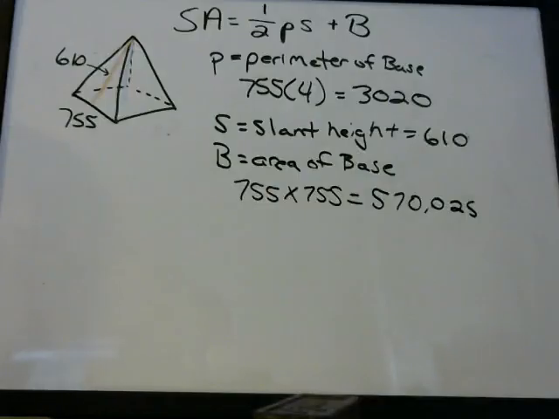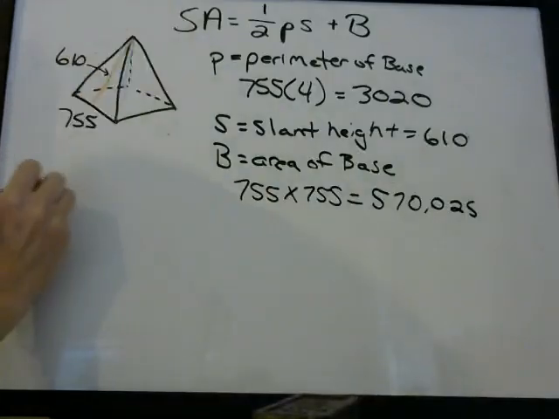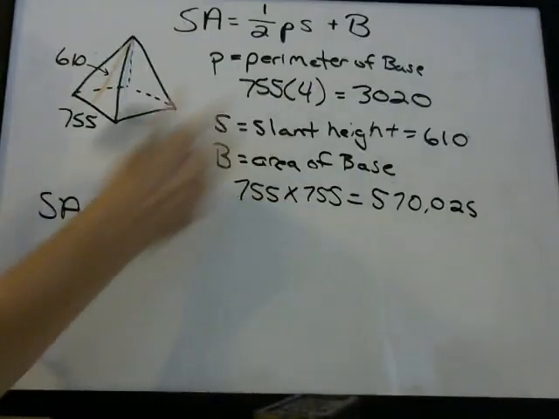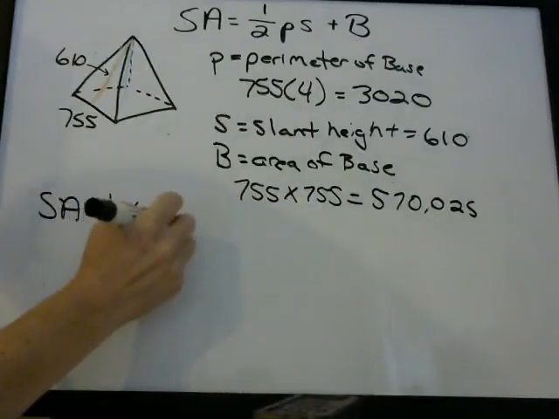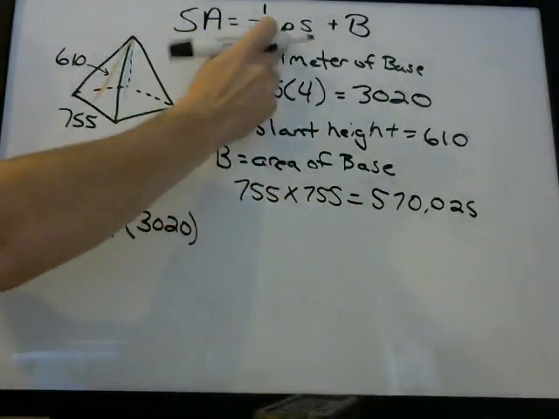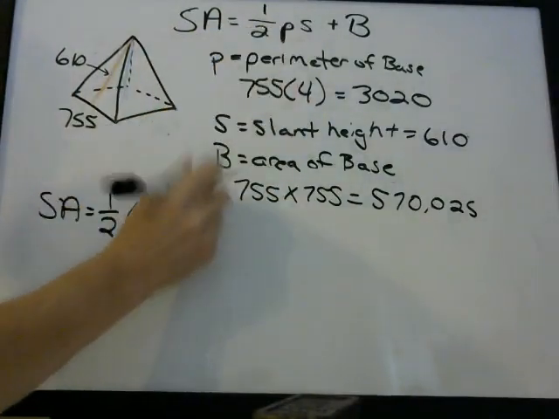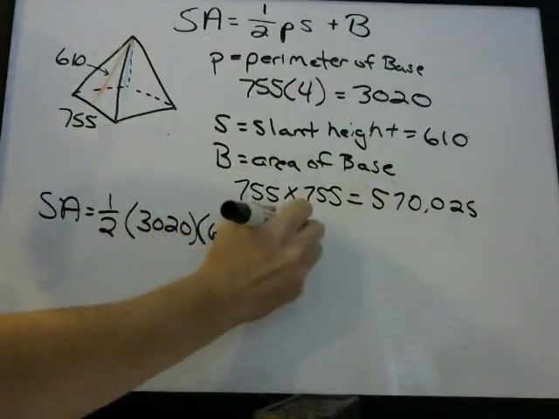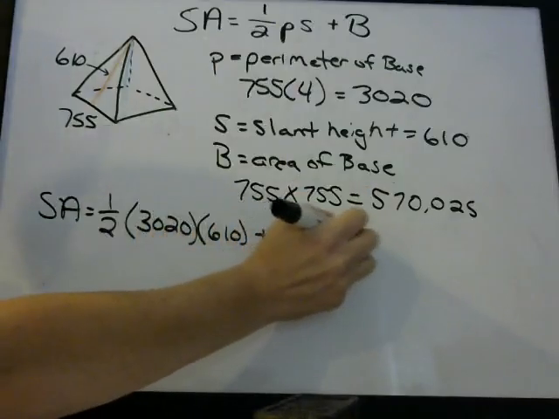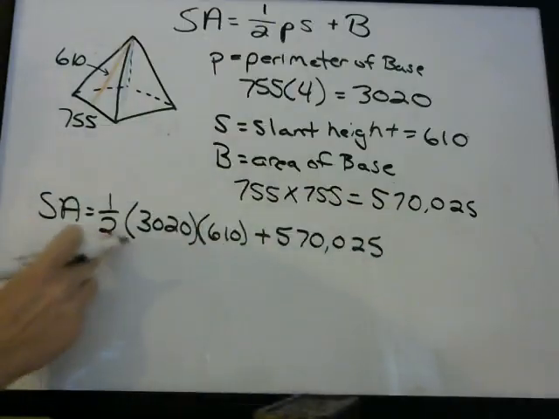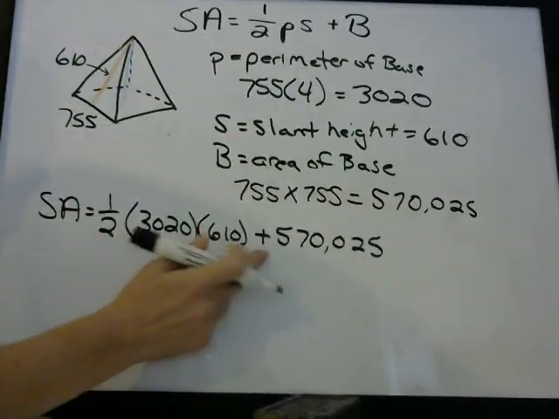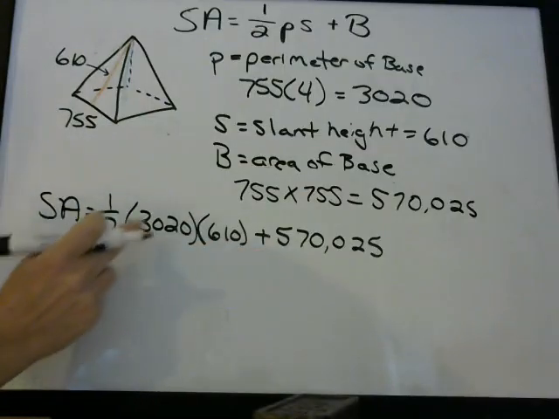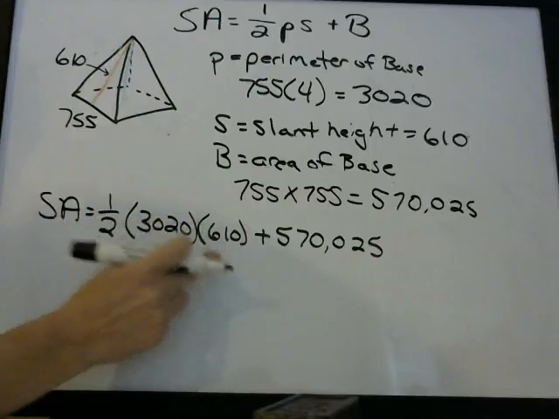So, what is the whole surface area? Surface area equals 1/2 times perimeter, which is 3020. So I'm just plugging these numbers into this formula, times the slant height, which is 610, plus the base, which is 570,025. Remember, you always have to do multiplication before you do addition. That's the order of operations. So what's 1/2 times 3020 times 610?